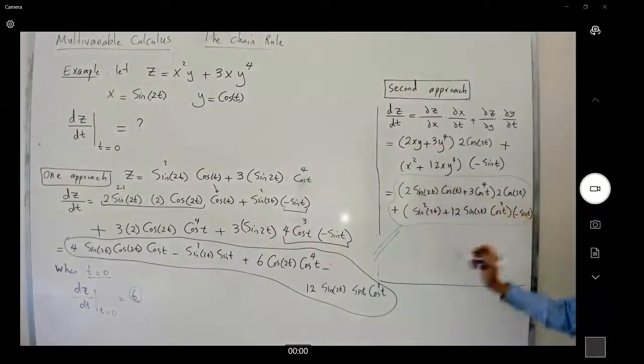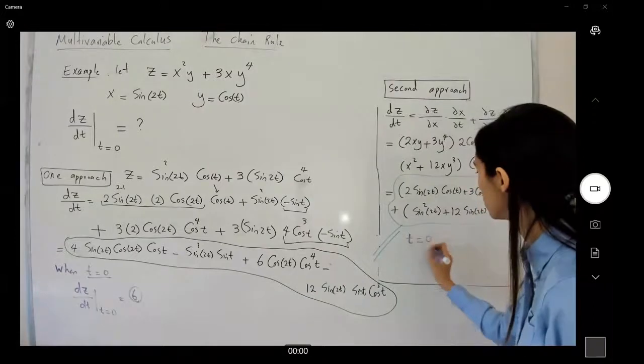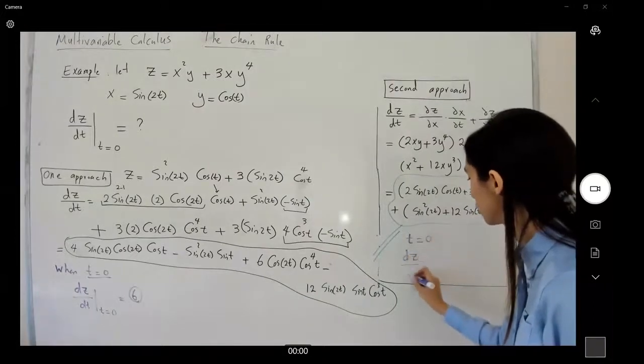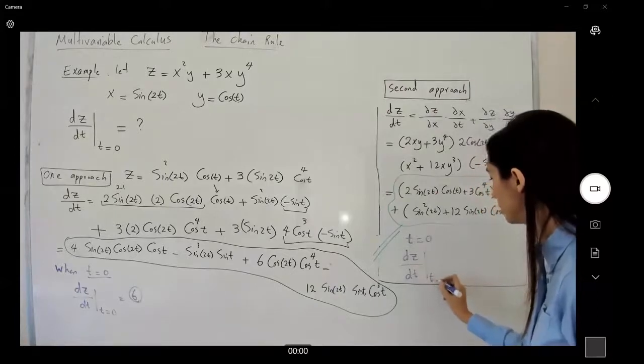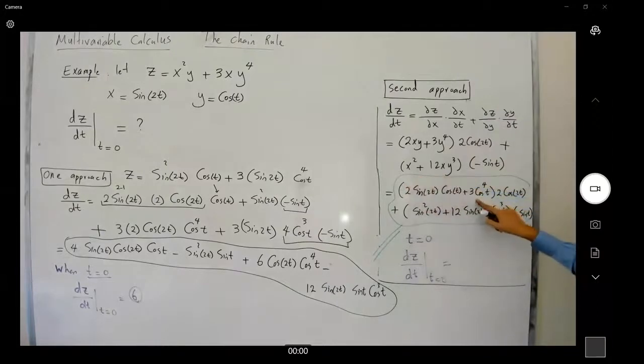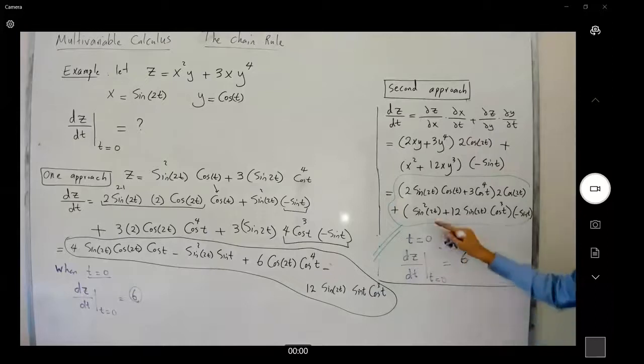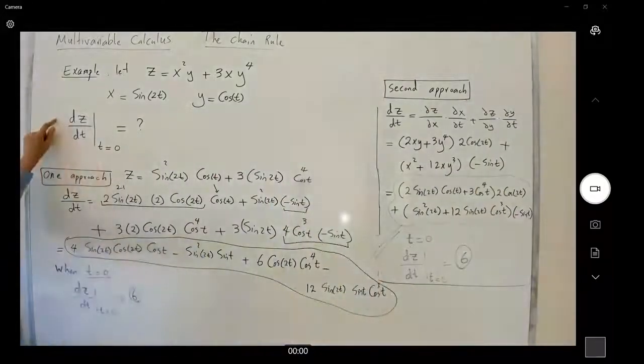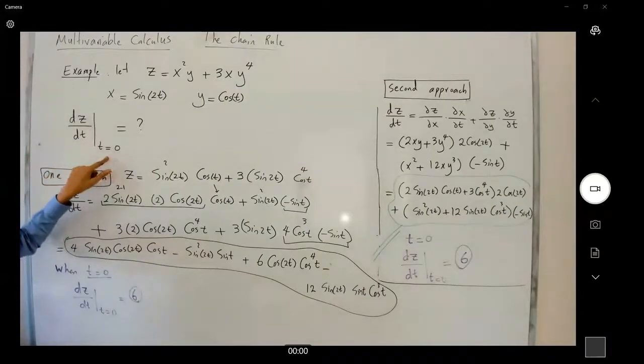If t is equal to 0, this is going to be 0. Then I have 3 times 1, 2 times 1 gives me 6. And this is 0, this is 0, and this is 0. So the outcome is equal to 6. The derivative of the function with respect to t, the rate of change of the function with respect to t at time t equal to 0, is just positive 6.